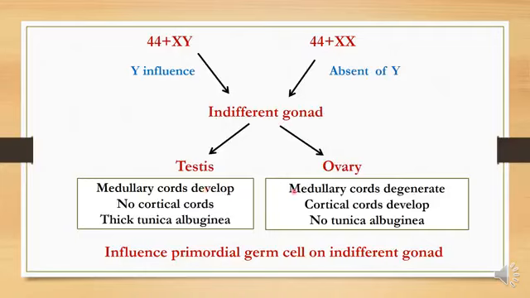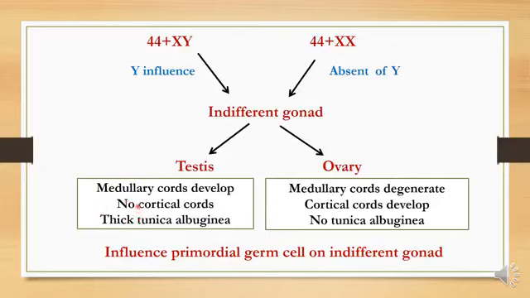The primitive cords proliferate and form the medullary cords, while in the female the medullary cords degenerate from the cluster cells, and these cells degenerate, forming the stroma, later forming the vascular part of the medulla, the ovarian medulla.